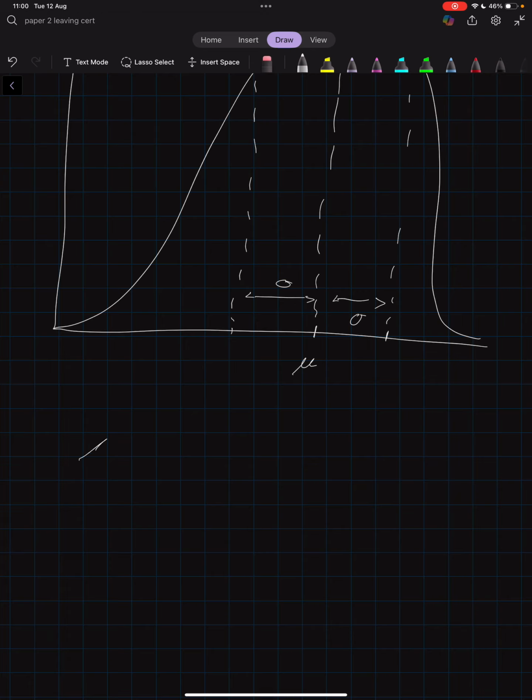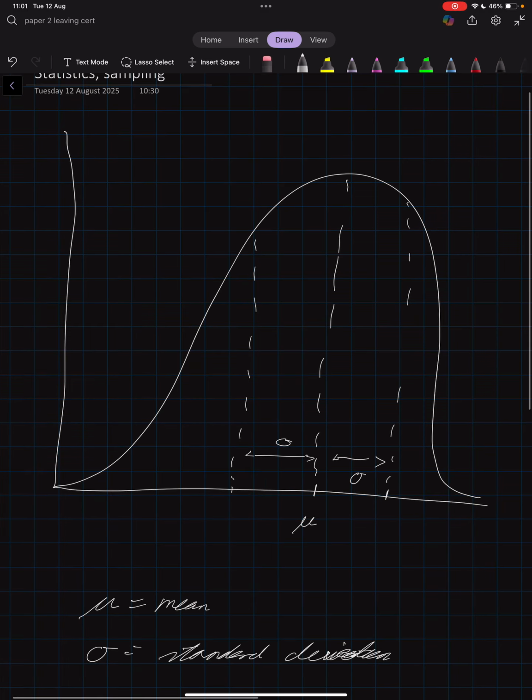Okay, so mu is just the mean or the average. Sigma is just your standard deviation, okay? Sigma just tells you how spread out your data is.